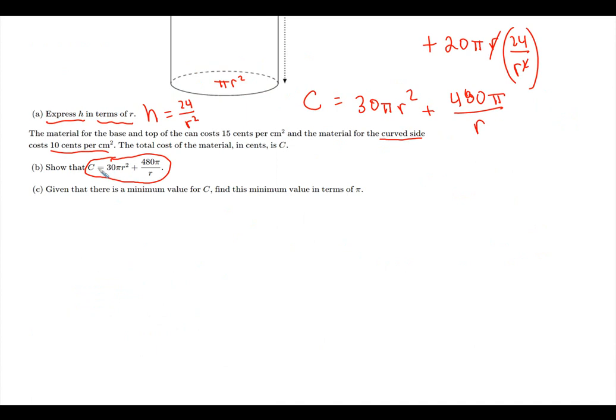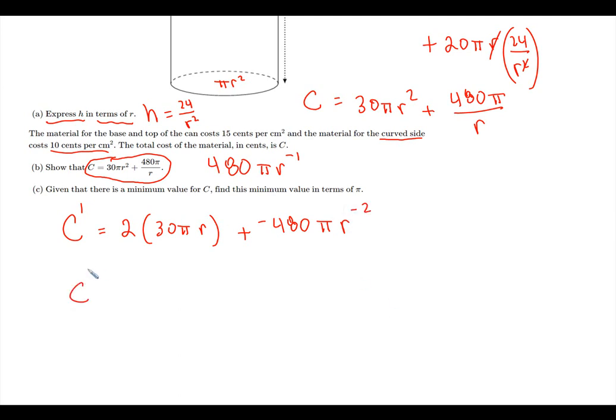So I need to take the derivative of the cost function. 30 pi is a constant, so I'm just using the power rule here. I have 2 times 30 pi r, plus, for the 480 pi, I'm going to move the r to the top and write it as r to the negative 1. With the power rule, this becomes negative 480 pi r to the negative 2 power.